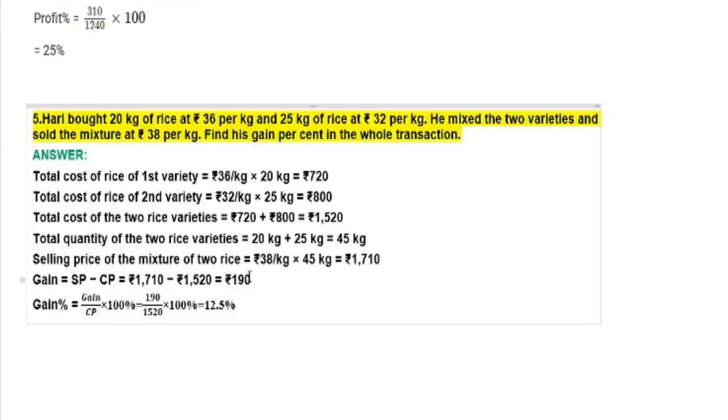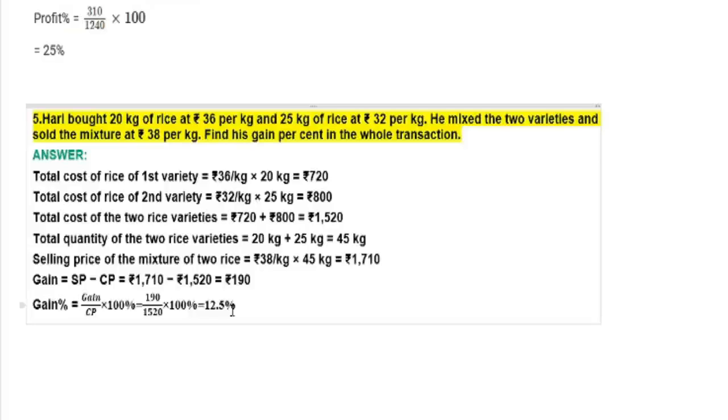So this is the gain, 190 rupees. Gain percent equals gain by CP into 100, that is 190 by 1520 into 100. Here also take care, CP is the total cost of the two varieties of rice, that is 1520. Simplify it, and you will get 12.5%.